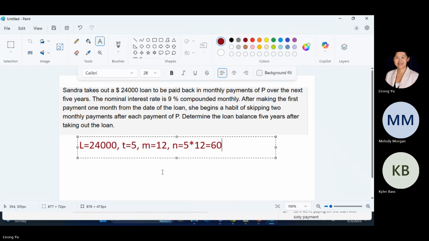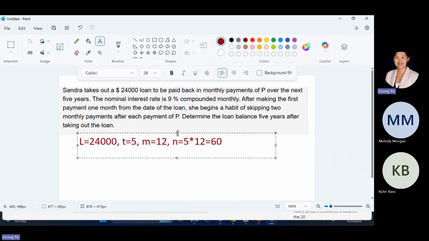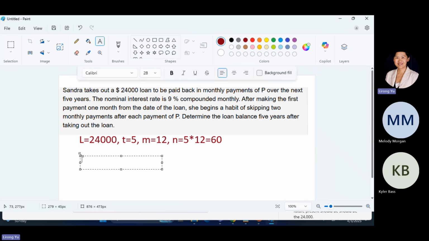The loan was taken out at time 0, so the total present value of all future payments should be the 24,000. So we set up the equation: 24,000 is equal to P times A, the present value calculation, P times A 60.